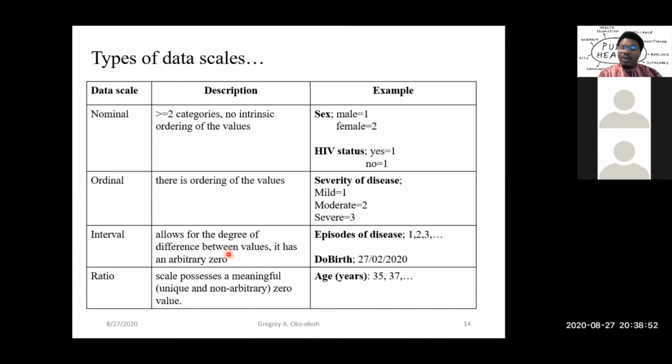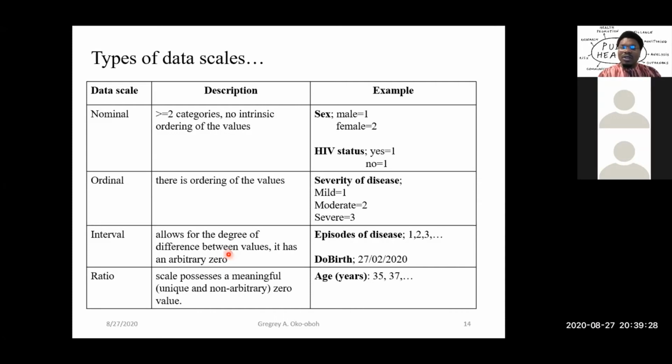So a good example of interval scale is the Celsius scale, degrees Celsius, when we talk about temperature. You notice that in the temperature scale, we have a 0 degree Celsius. That 0 degree Celsius does not mean the absence of temperature or the absence of heat. No, it does not. That 0 degree Celsius is just there so that we can measure intervals between temperatures.